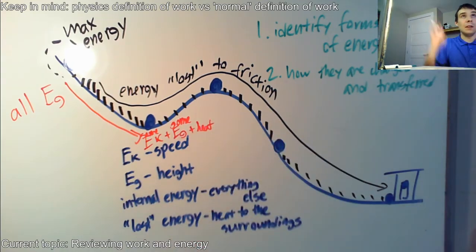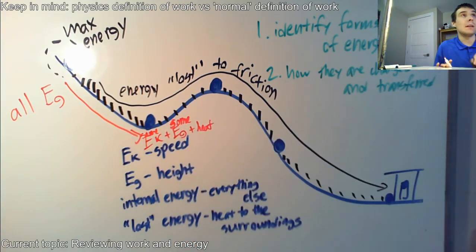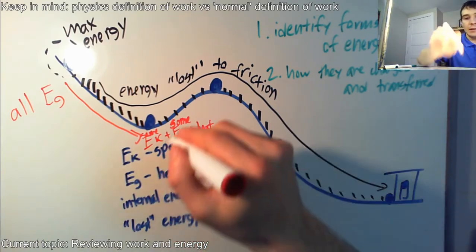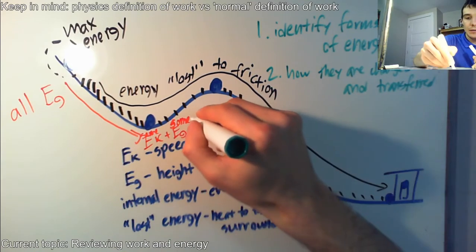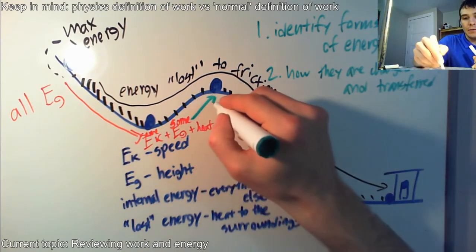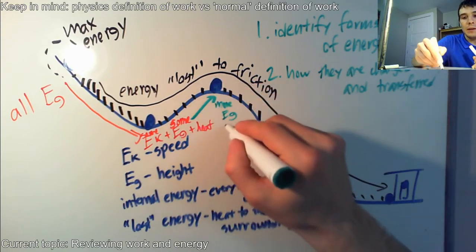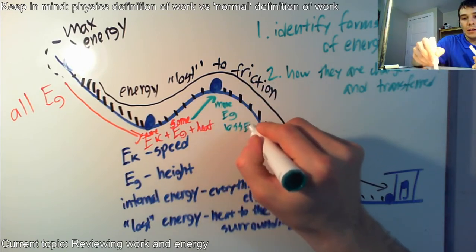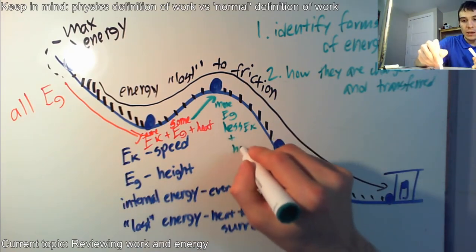Plus some just heat that's gone out into the environment. Some EG plus heat. Then on the way up to here, we have more EG because it's gone up, less EK. So we've got kinetic turning into gravitational, plus more heat.